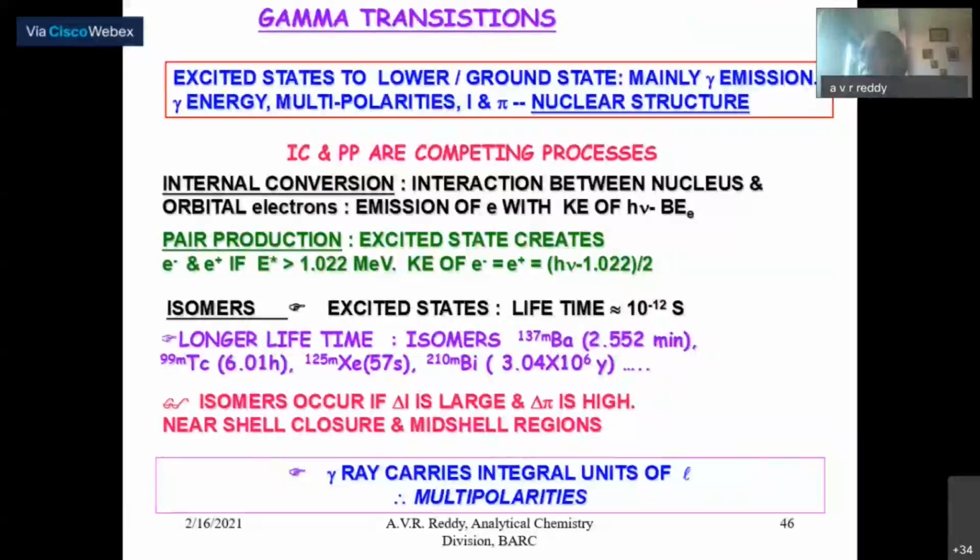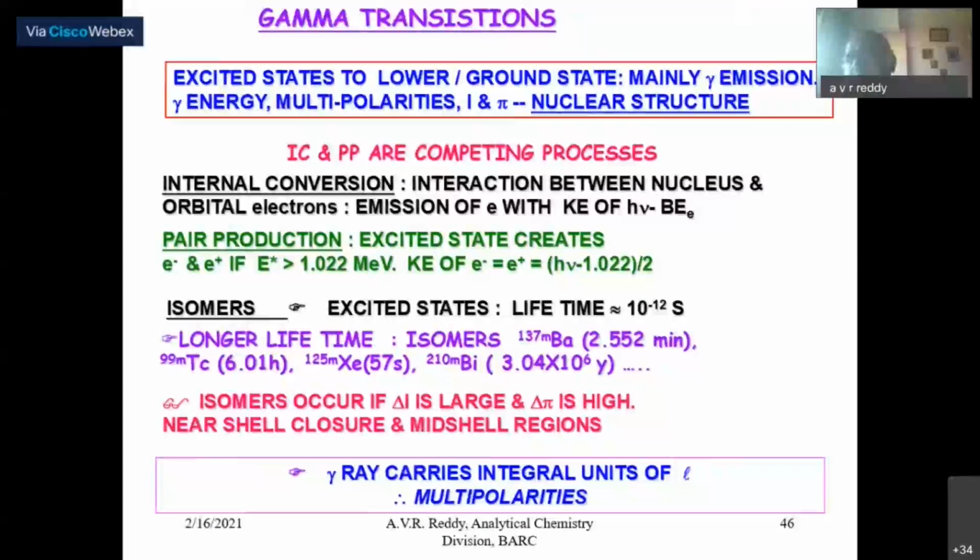Isomer is again an arbitrary definition. If the lifetime is more than 10 to the power minus 12 seconds, we call them excited states. If they are measurable, then they are called isomeric states. This happens only when there is a large difference of the spin and parity.